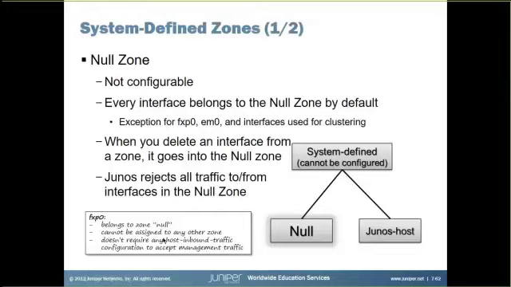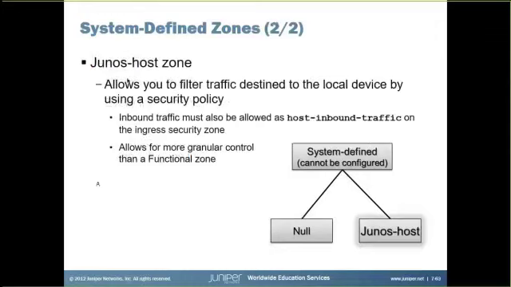Junos-Host zone is an interesting zone. You don't have to configure interfaces. You can configure the host-inbound-traffic. The idea of this zone is to create security policies for traffic destined to the local device.